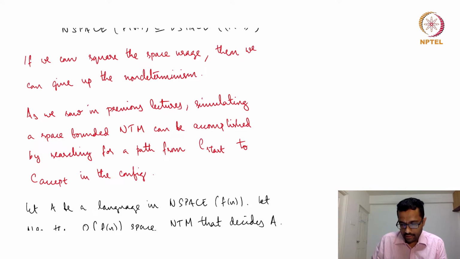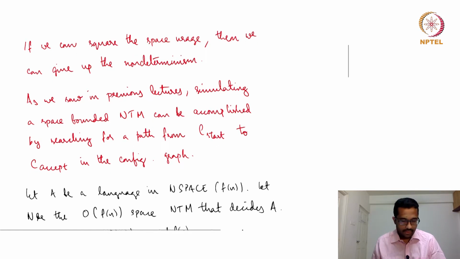We also saw in the previous lecture that given a non-deterministic Turing machine, we can modify it in such a way that there is a unique accepting configuration. So in the configuration graph, all we have to do is search whether there is a path from C start to C accept.